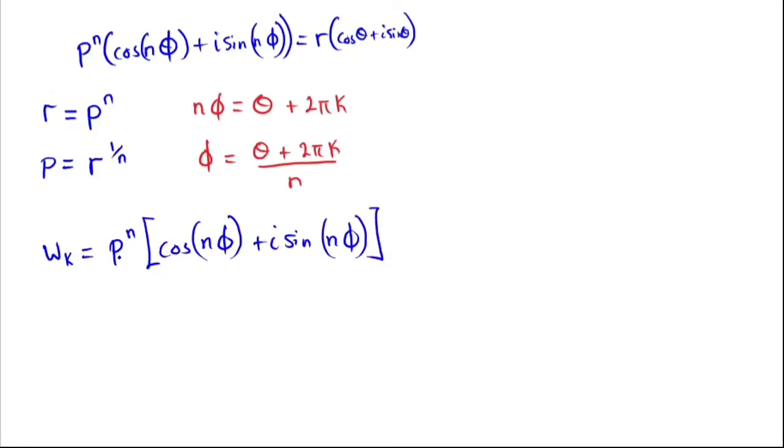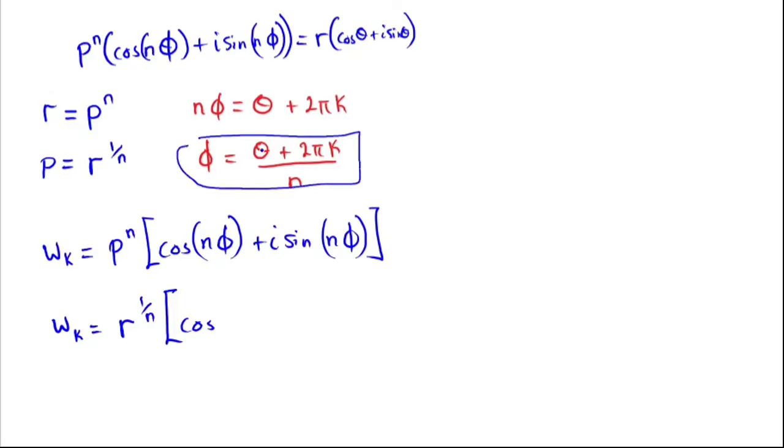So if I replace phi and p, then w_k is equal to r to the power 1 over n, like this, multiplied by cos, now I have this expression replacing our initial angle phi, so it will be cos open bracket theta plus 2 pi k over n, plus i sin, again, theta plus 2 pi k divided by n.